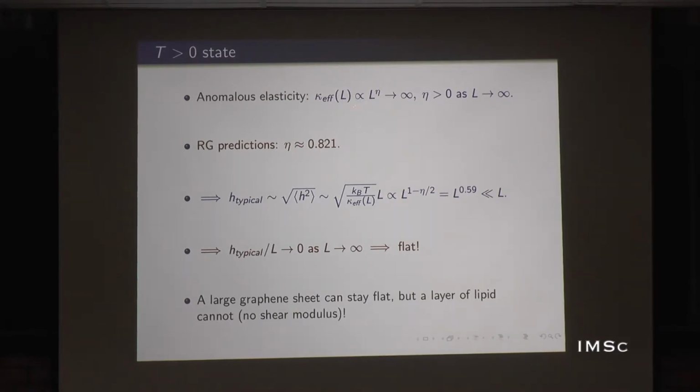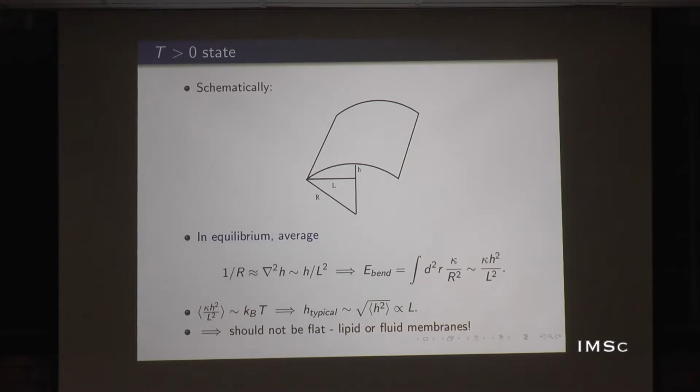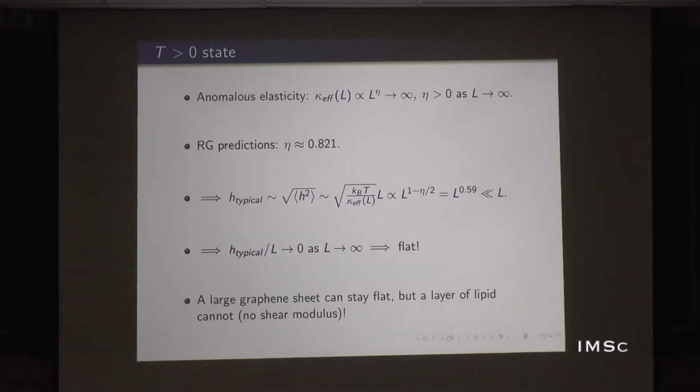The derivation of this is fairly complicated, but you can use this fact to calculate what H typical is from this figure, except that in place of kappa, now use kappa of L. That gives you this: H typical scales essentially like square root of L, which means H typical by L will vanish as L goes to infinity.